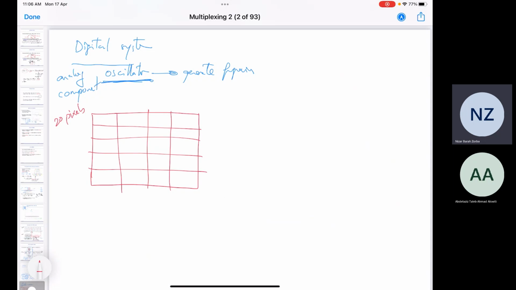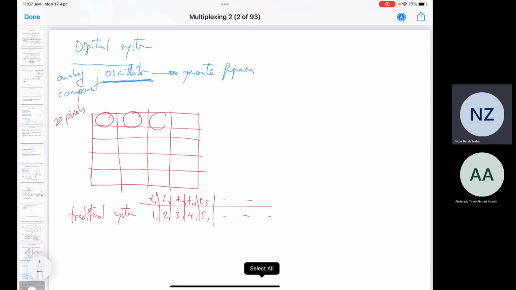If it is a traditional system, we will send the first, then the second, then the third, then the fourth, then the fifth. If this is time 1, time 2, time 3, time 4, time 5, this is how we will transmit the symbols. We will take the first pixel and transmit, then the second pixel, then the third, fourth pixel, and at the receiver they will be ordered so that you see the image.